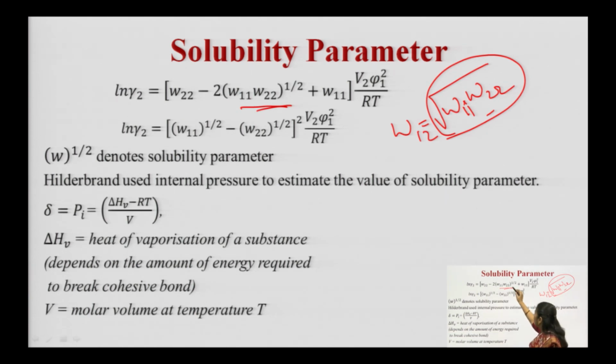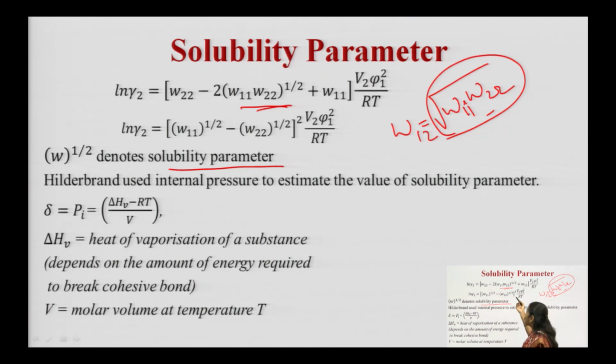Here, when we square it and convert it into a simpler equation, we get this equation, and here the terms denote the solubility parameter. If it is W11, then it is the solubility parameter of the solvent.